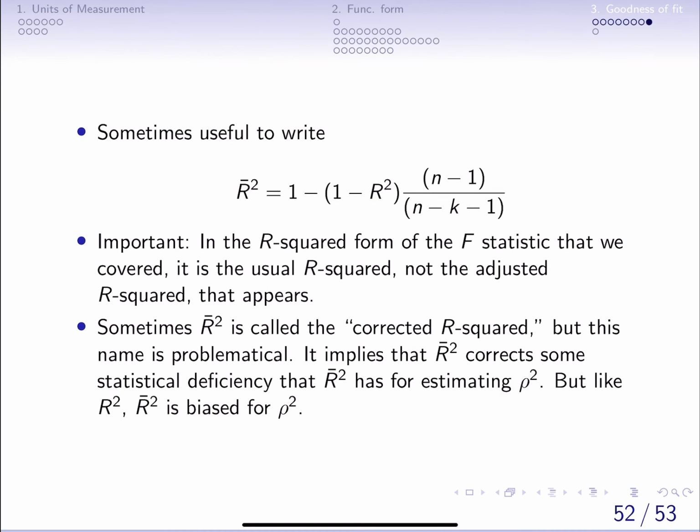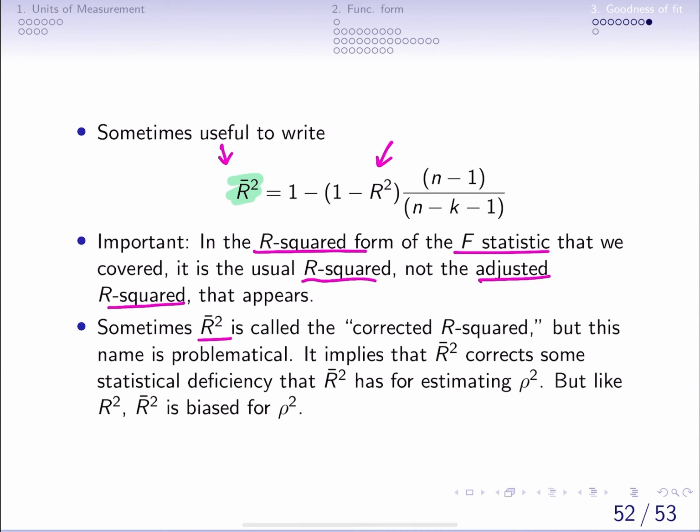We can also rewrite adjusted r-squared in this way, where you can see a relationship between adjusted r-squared and r-squared. The r-squared in the f statistic is the usual r-squared, not the adjusted r-squared. So when you're thinking about f statistics, we're talking about the usual r-squared, not adjusted.